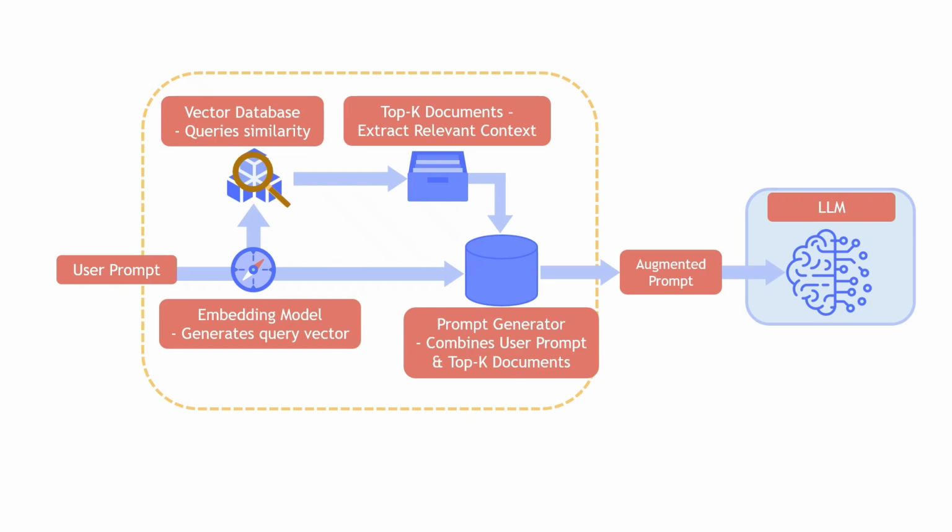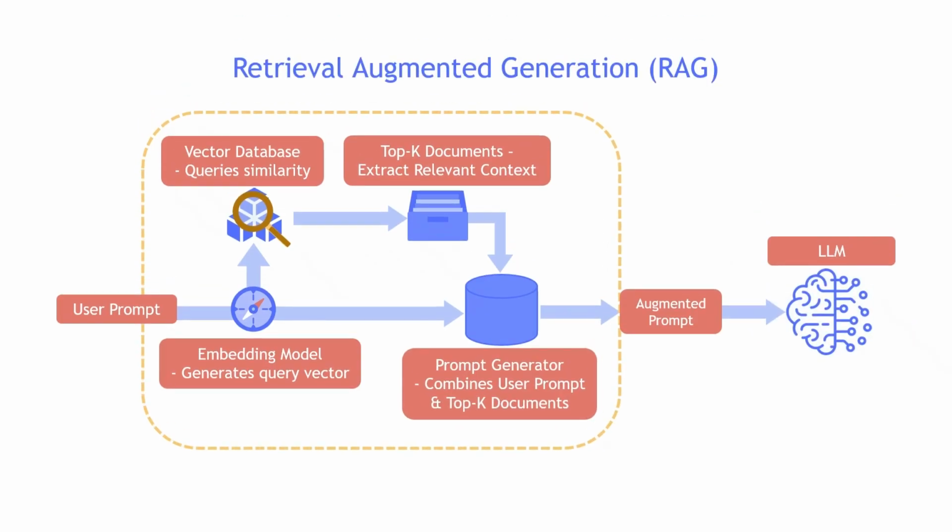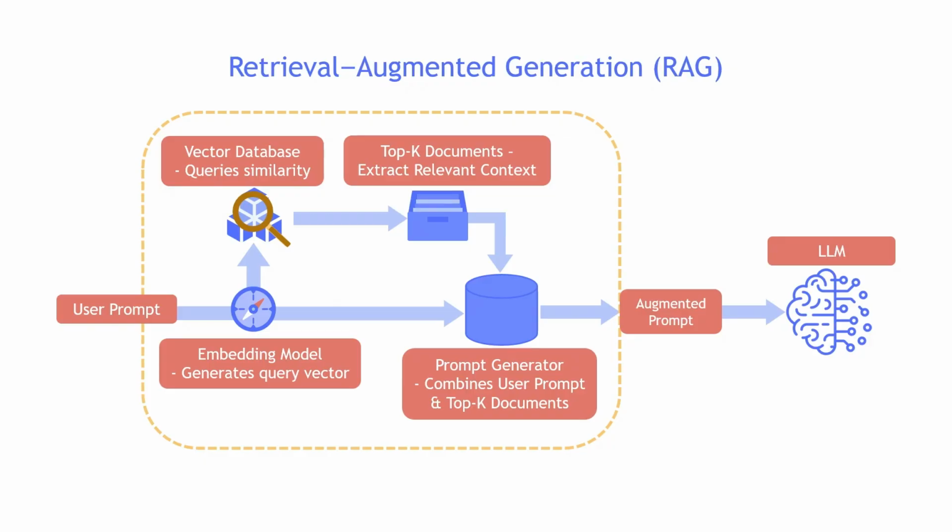This keeps the context focused on the information that matters. It reduces both the length of the context and the amount of irrelevant noise within it. This technique is called Retrieval Augmented Generation, or RAG for short.